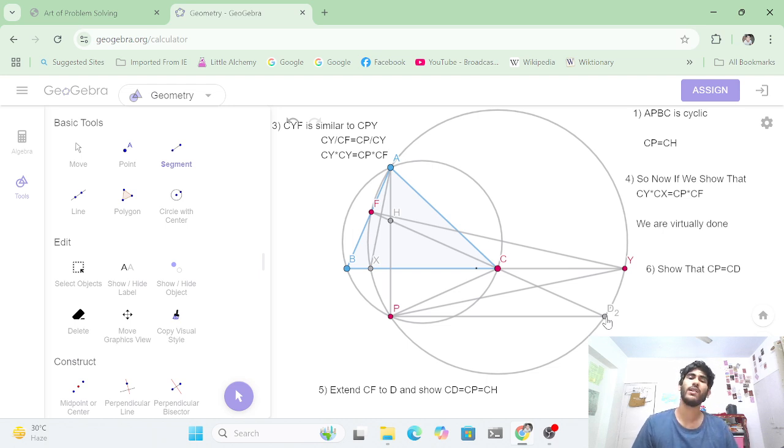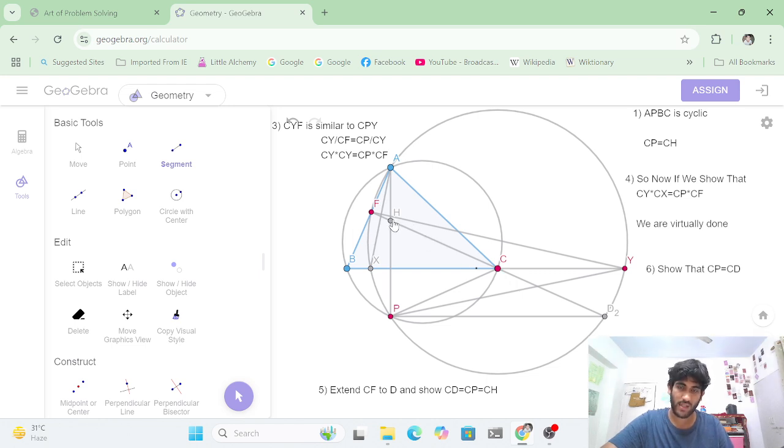And if that is perpendicular, I leave that to the viewers now. It is a very short reasoning; in two or three lines you will be able to get it yourself, that CP must be equal to CD. And since CP is equal to CD, we know that CP is equal to CH. So then CD is equal to CH.